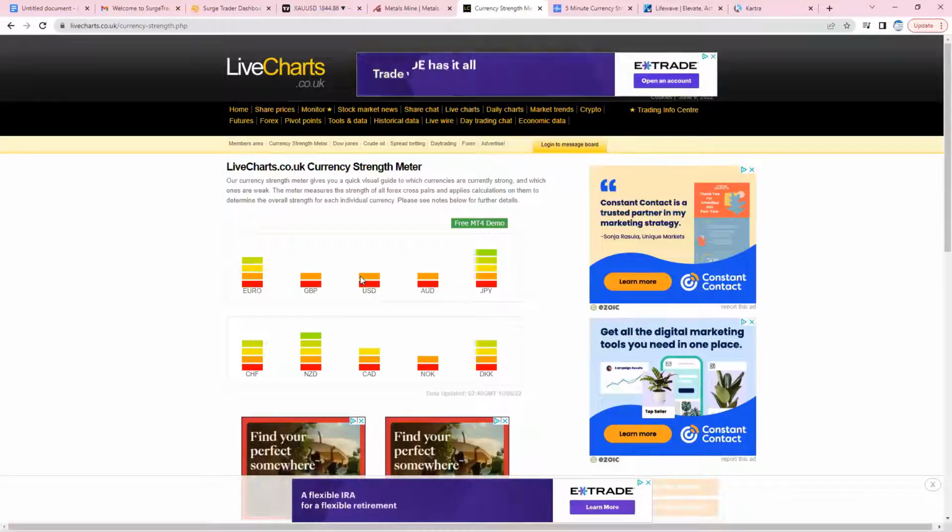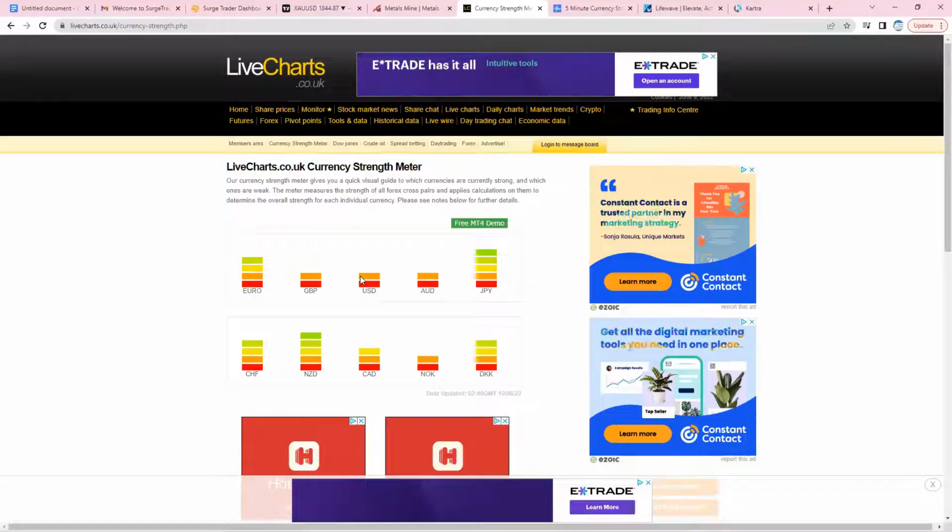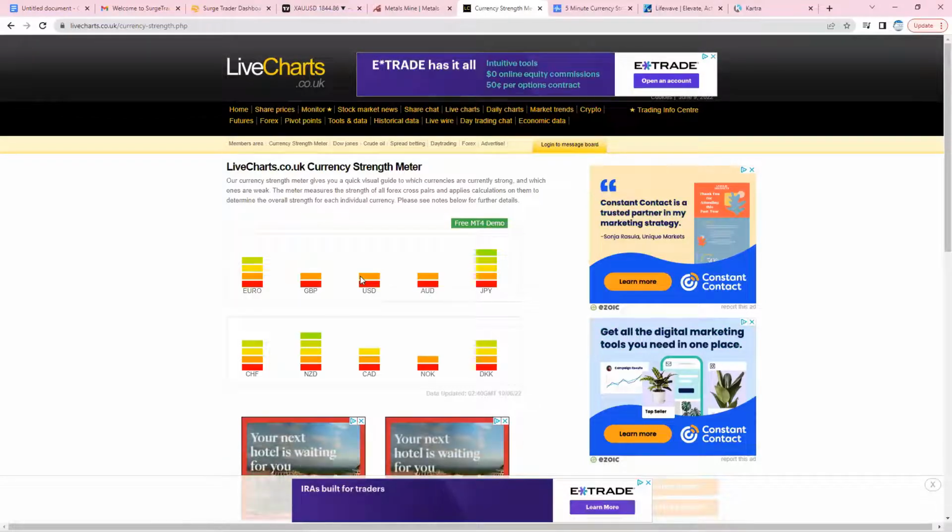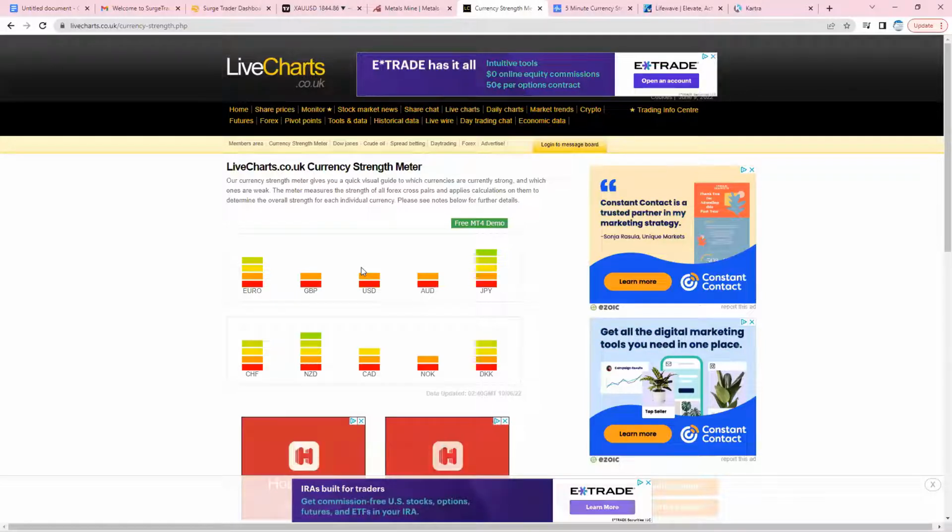So gold in actuality shouldn't be going down, but that only happens 0.67% of the time. The other thing is 80% of the time when the AUD is strong, gold is strong, and when the AUD is weak, gold is weak. So right here is more of a determination. What we're going to focus on is the AUD is very weak right now, which means gold should be going down. That's what we got.